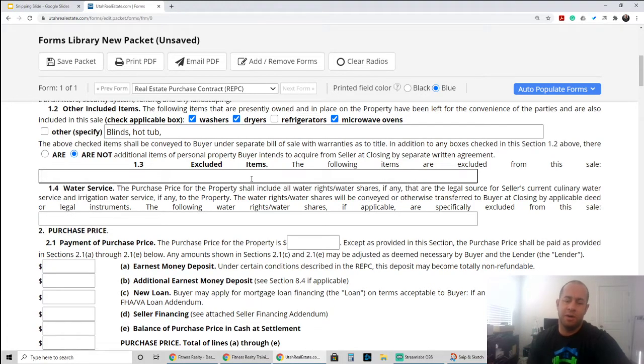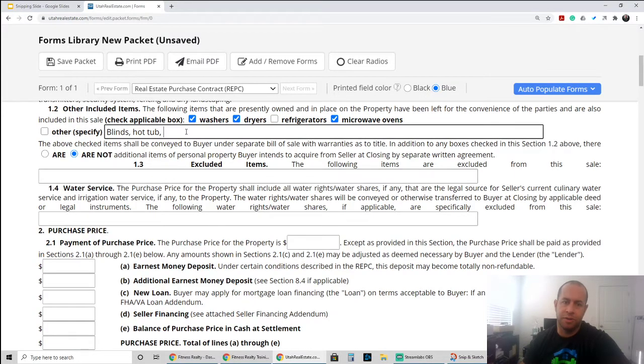Just be aware, if your clients really want whatever item that is, just write it into the inclusions. Make sure that everybody knows about it. The more forthcoming you can be with the information here, the easier this process is.